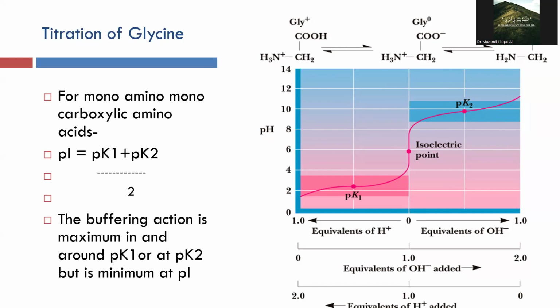The minimum buffering capacity occurs at the isoelectric point, pI. Why? At the pKa, there is a 1:1 ratio of protonated to deprotonated forms, so the system is most resistant to pH change. At pI, the molecule has no net charge and cannot easily accept or donate protons.